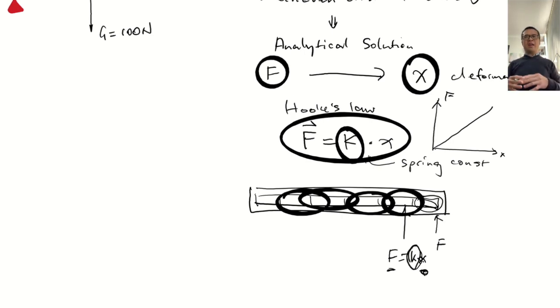In first year physics it is called the spring constant. In actual material design it describes the mechanical properties of materials, for example the Young's modulus. That tells you how much a material deforms under a certain load. So with knowledge of the Young's modulus and a practical way to break down this continuous body into discrete finite parts, we can solve for the deformation under loading. This is the basic idea behind finite element analysis.